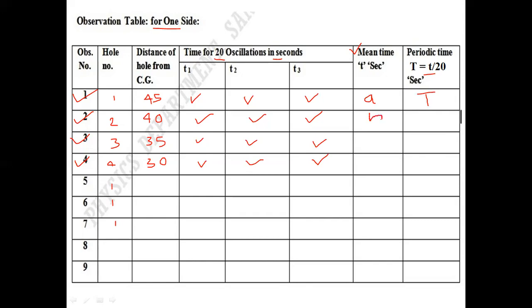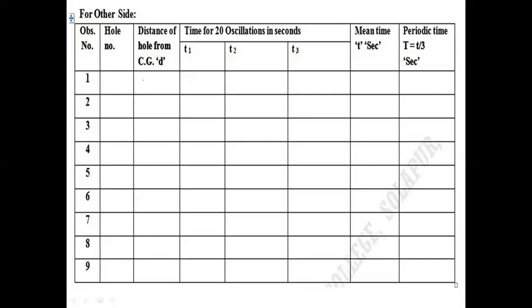Then suppose B is the mean time for the second observation, then B divided by 20 is equal to T2. For the third, suppose this is C, then C divided by 20 is equal to T3, and so on. The same procedure is repeated for the other side of the bar pendulum, that is hole number 1, 2, 3, 4, and so on.